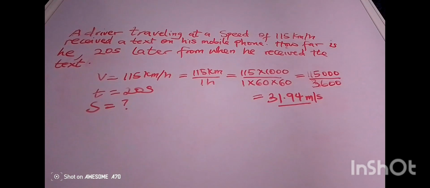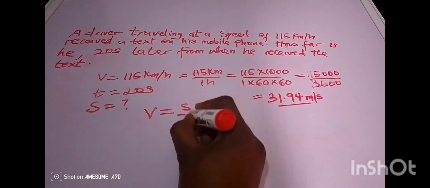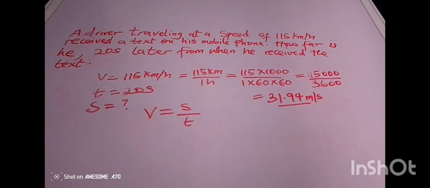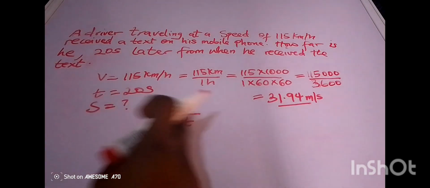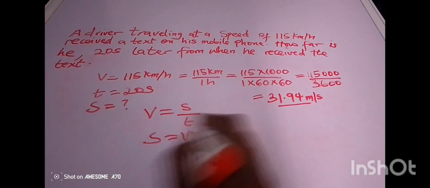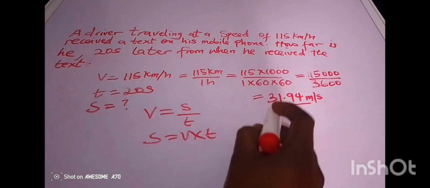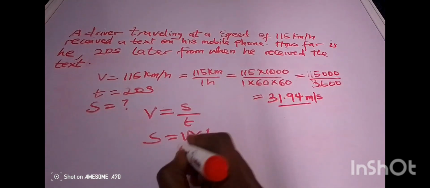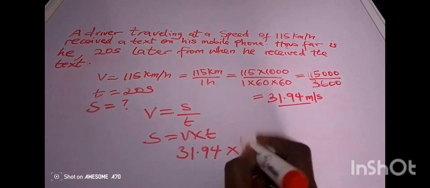So looking at the formula now, we can say V, speed, is distance over time. So let's substitute our parameters now. If I cross multiply, because I'm looking for S, then S equals V multiplied by T. So let's substitute. Remember my V here is 31.94, then multiply by my time.